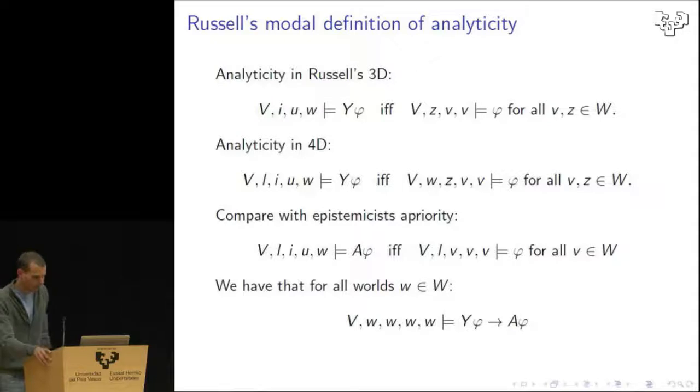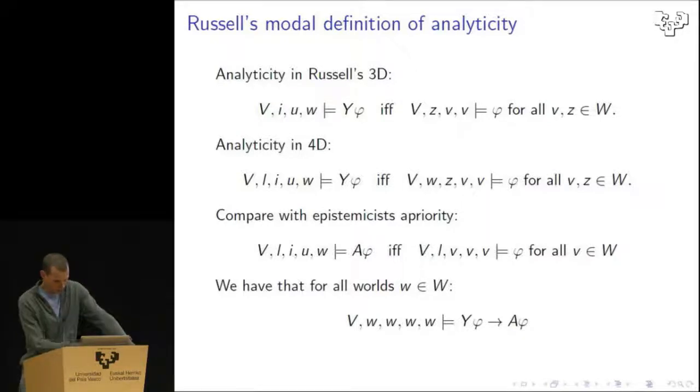Now, if we use this definition of analyticity, we can compare it with the epistemic notion of a priority. Apart from this special thing that it does to the linguistic context, it almost does the same thing. It quantifies universally over the last three dimensions. However, there's a difference: analyticity has this independence in the quantification, whereas for a priority, we would have the same world in all of these dimensions.